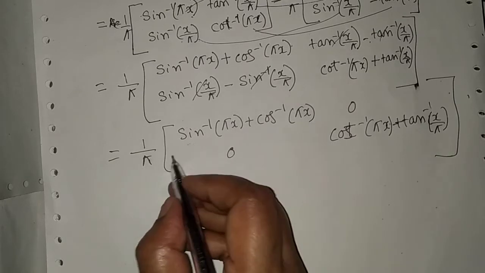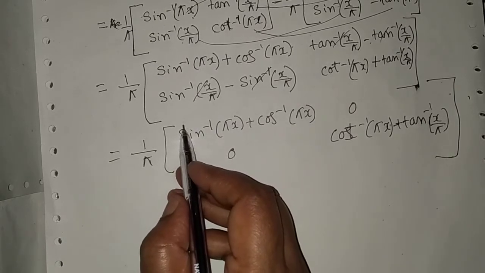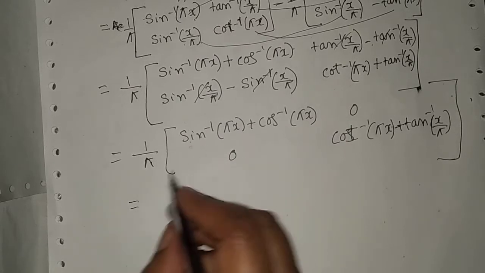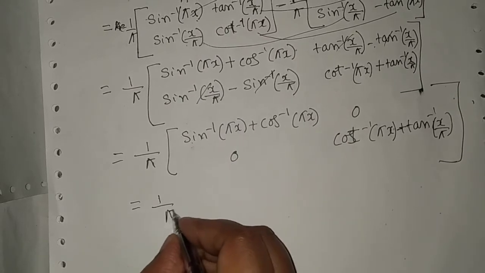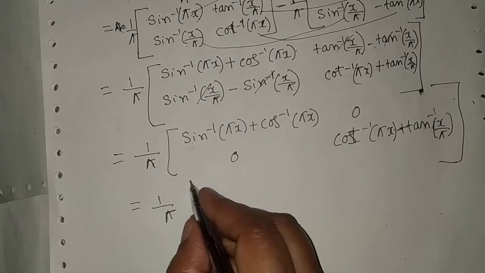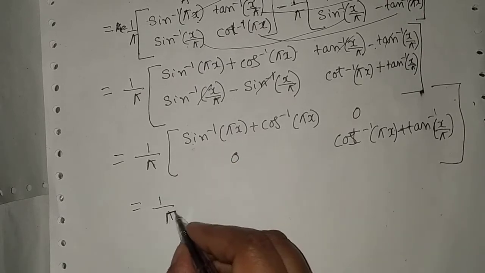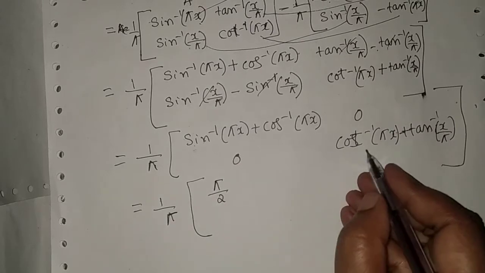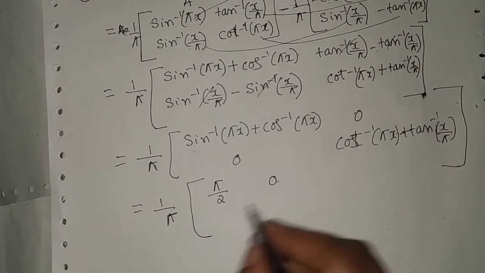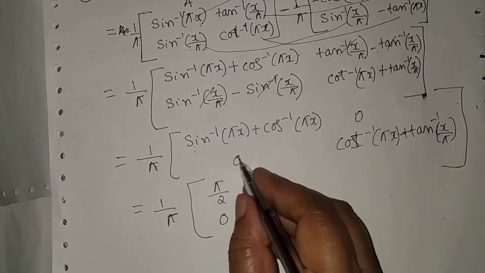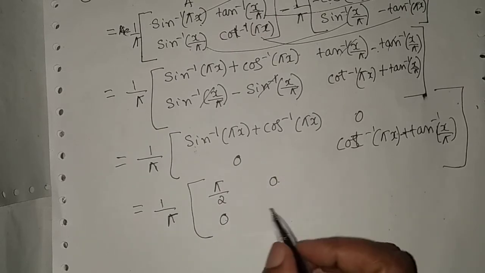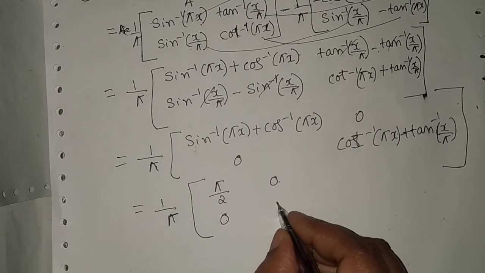So next step is 0 0. This comes as pi by 2, 1 by pi. Sin inverse pi x plus cos inverse pi x can be written as pi by 2. Then again 0 here, and this one also can be written as pi by 2.